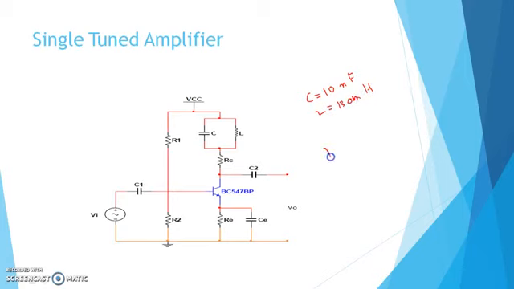Now at what frequency should the gain be maximum? F is equal to 1 by 2 pi root over of 130 into 10 to the power minus 3 into 10 into 10 to the power minus 9. At this frequency we should get the highest gain. So let us solve this by calculator. 130 into 10 to the power minus 3 into 10 into 10 to the power minus 9 equals 1.3 into 10 to the power minus 9.